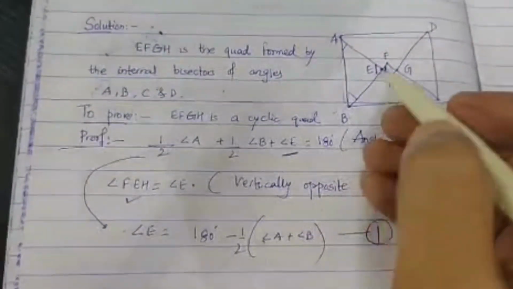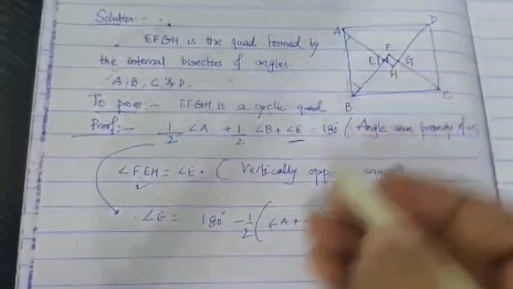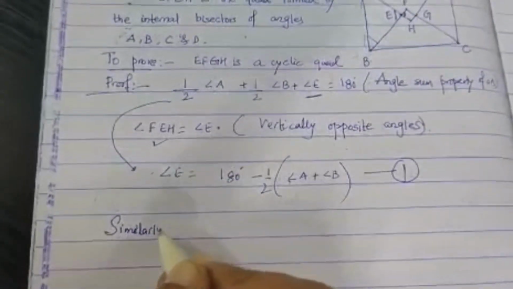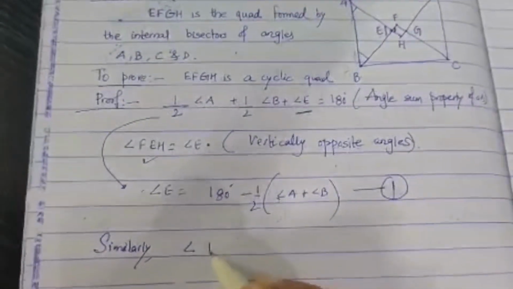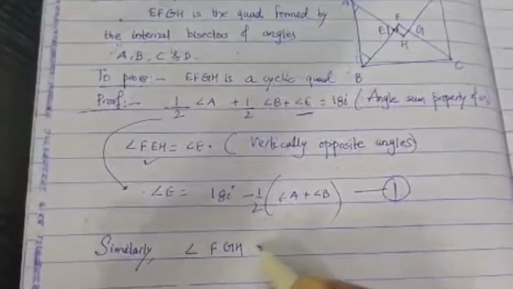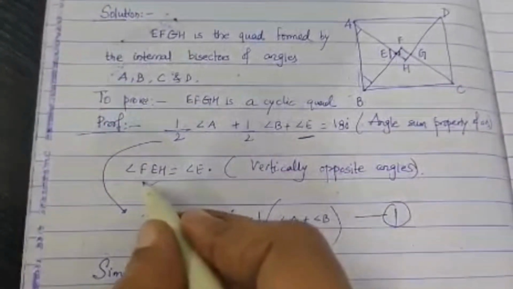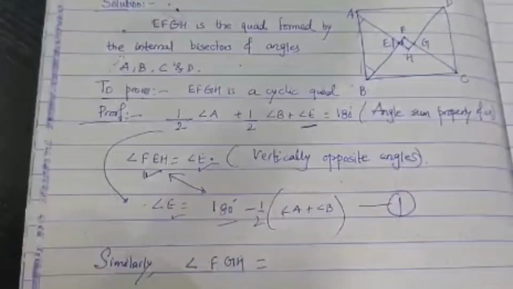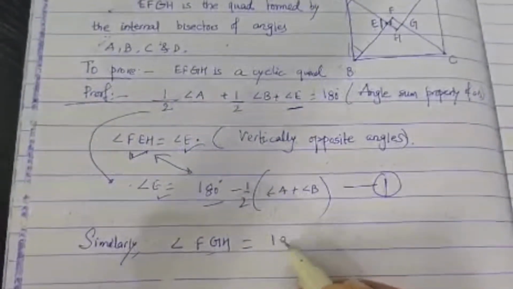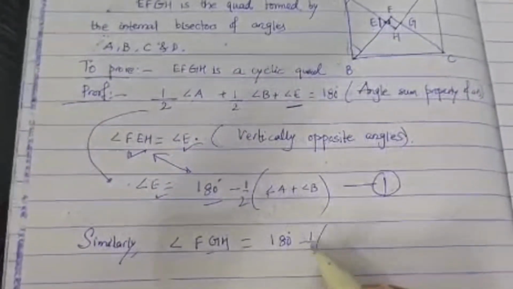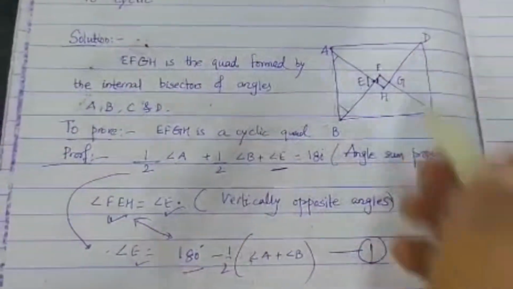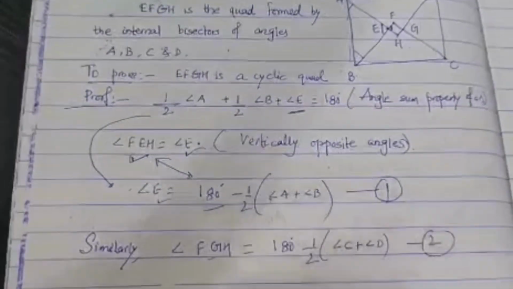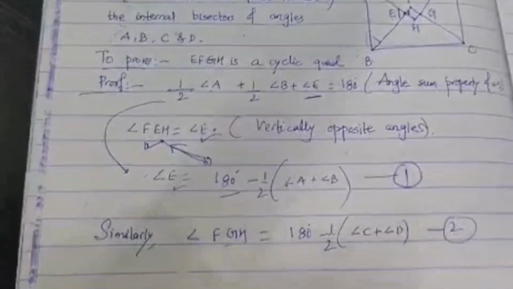Now similarly we can write angle FGH equal to angle FEH equal to angle E, and angle E equal to this. So we can directly relate from here. Angle FGH equal to 180 degree minus half of angle C plus angle D. This is equation 2. Okay, so this is equation 1, this is equation 2.